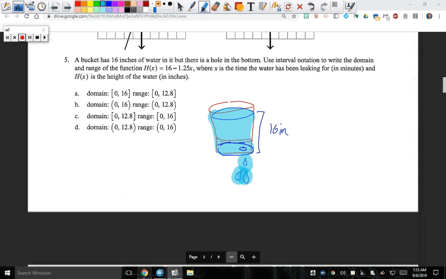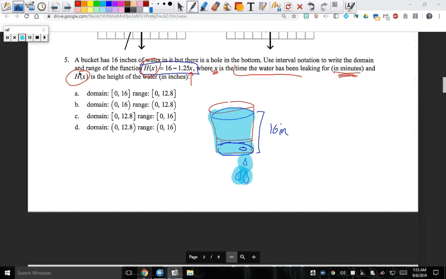Use interval notation to write the domain and range of the function h of x is equal to 16 minus 1.25x. Okay, so what does x and what does h of x represent? That's what we're going to be looking at. X is the time the water has been leaking in minutes. And h of x is the height of the water in inches.